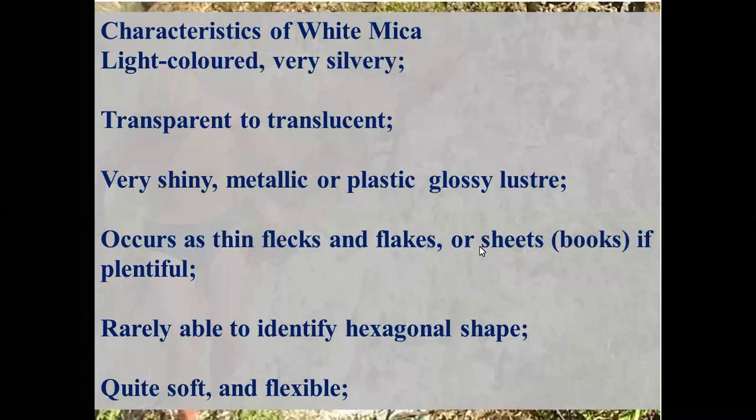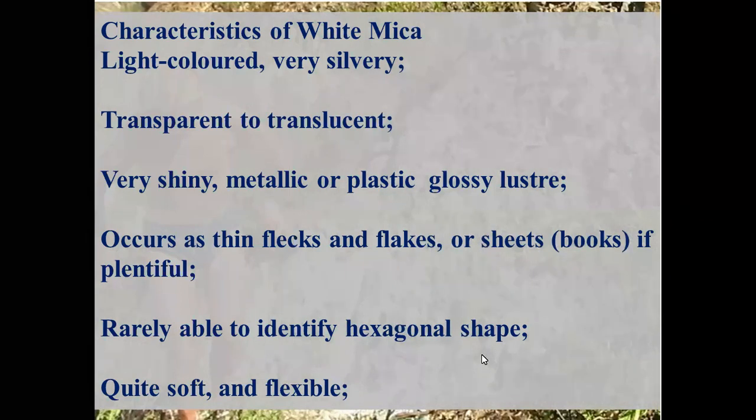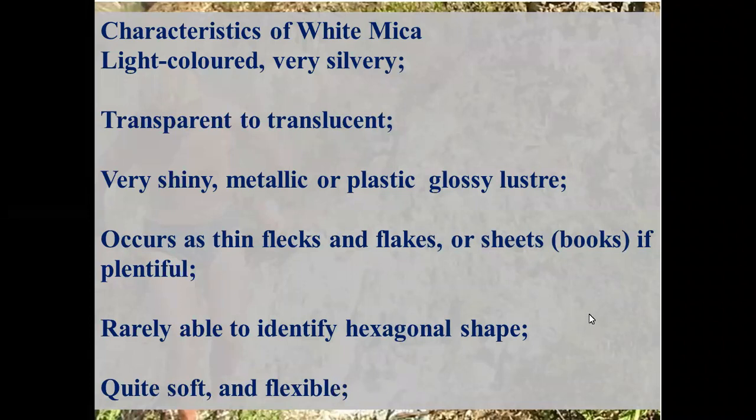Or if you've got a lot, you get sheets, what we call books of micas, because they look like a book looking at it end on. And the sheets are really the cleavage planes of the individual sheets of the mica. Now, these are hexagonal in their crystal system, but it's very rare that you're able to actually identify the proper hexagonal shape of the mica crystals. The other thing about them is that they are quite soft and flexible.